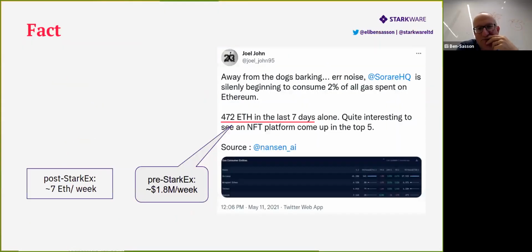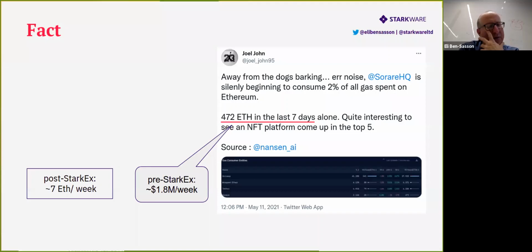Let's please move on. And here's just some fun facts. So StarkWare that I just mentioned, before they worked with us, they were spending around 500 Ether per day, which, according to Ether price as of yesterday, was around $2 million per day at current gas prices.